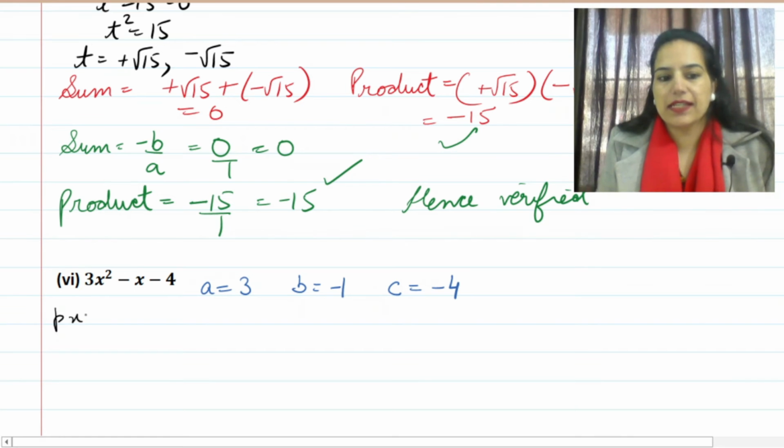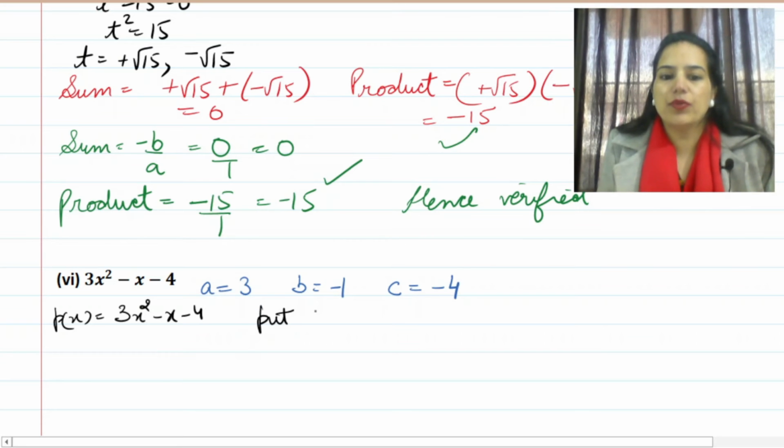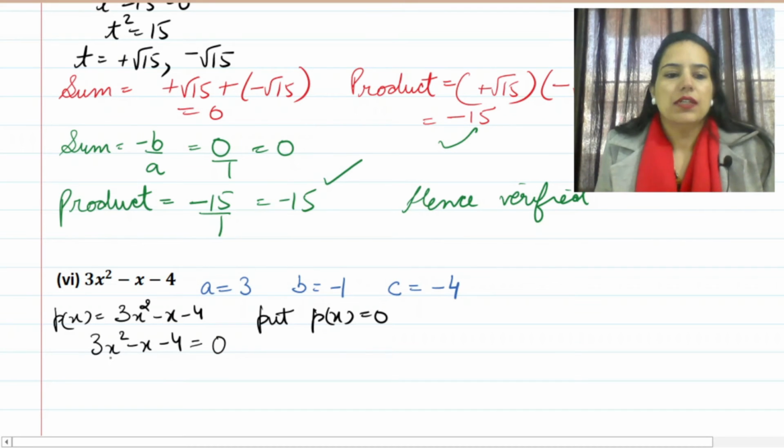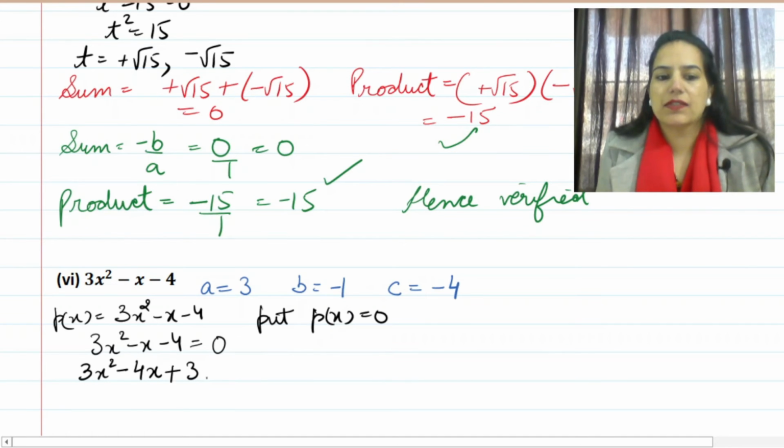So let p of x is equal to 3x square minus x minus 4, and then we put p of x equal to 0. So 3x square minus x minus 4 equal to 0. So now it will be 3x square, again 4 and 3 will be the factors. Minus 4x plus 3x minus 4 equal to 0.